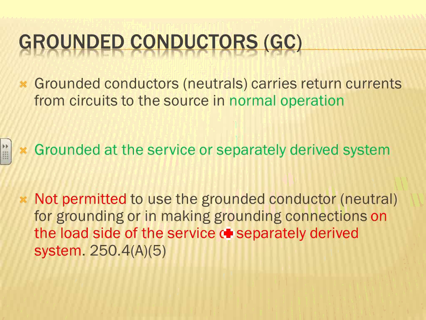So can I use the neutral to ground the building? First of all, would it work if you use the neutral to ground the equipment? Yes, no problem. It would work. Why wouldn't we use it? Because the equipment under normal operating conditions should not be carrying current.